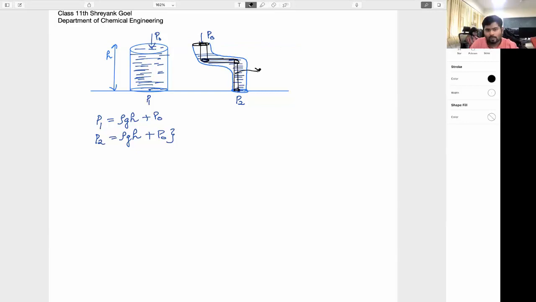Let's say the height of this fluid parcel is H1 and the height of this fluid parcel is H2, then the net H is H1 plus H2. That is my assumption. This is second, this is first, and this is the third one, that is horizontal.